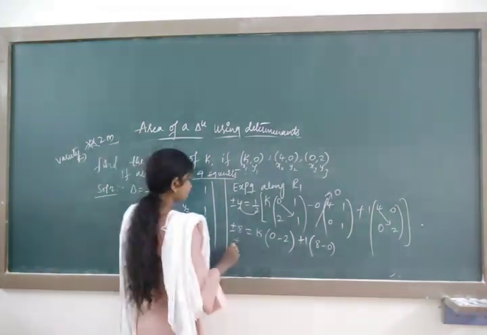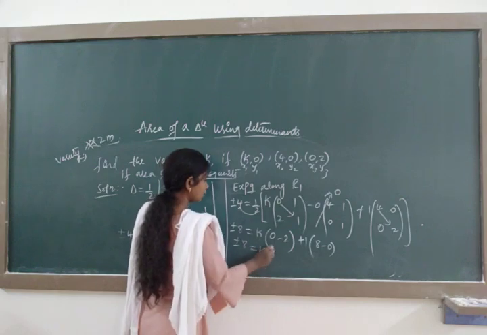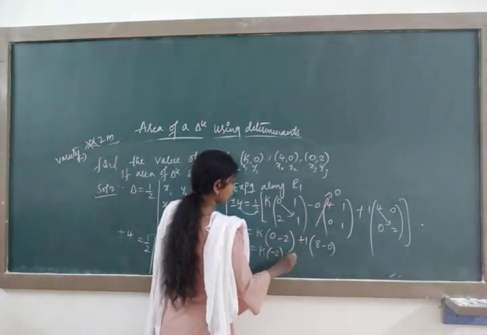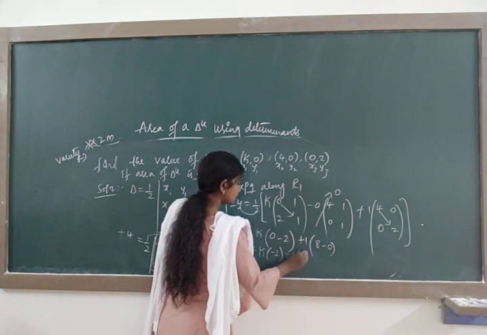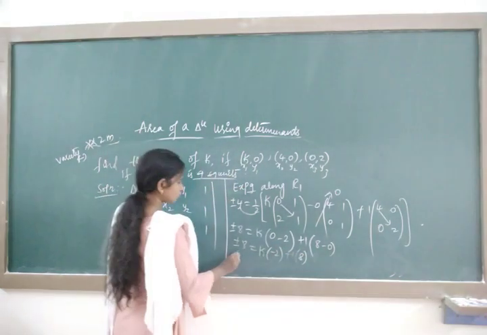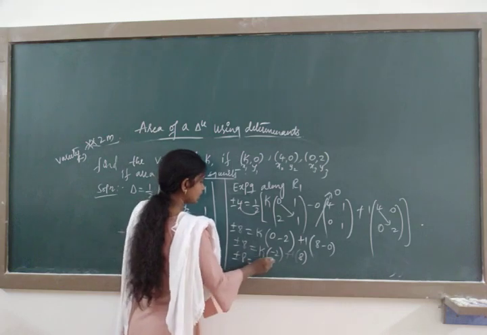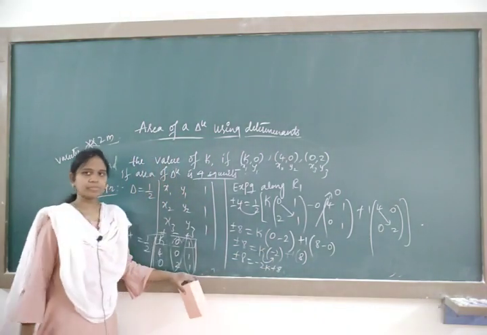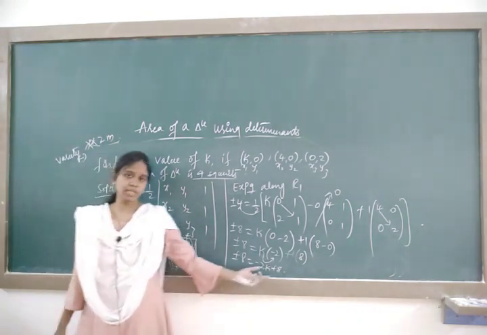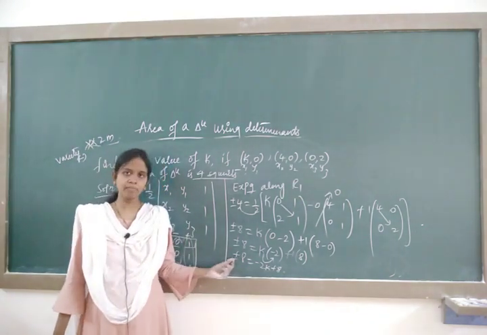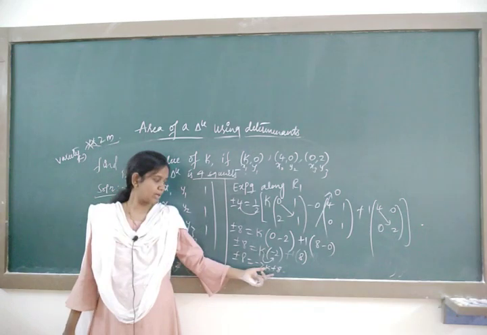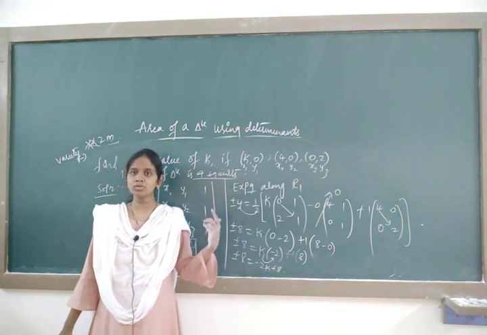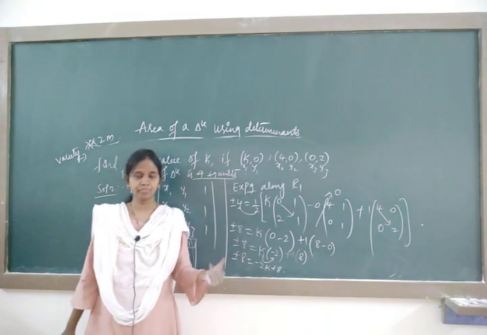Now this one plus 1 of, 4 into 2 is 8, secondary diagonal is 0, 0 into 0 is 0. Now it's plus or minus 8 is equal to k of, 0 minus 2, it's minus 2, plus 1 of, 8 minus 0 is 8. Plus or minus 8 is equal to, taking inside, minus 2k plus 8. Now equate this minus 2k plus 8 with the 8 first, then minus 2k plus 8 is equated with the minus 8 also to get the two values of k.